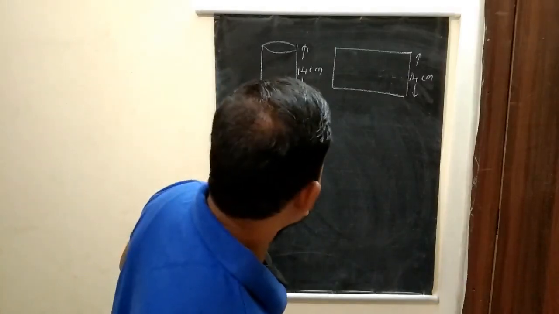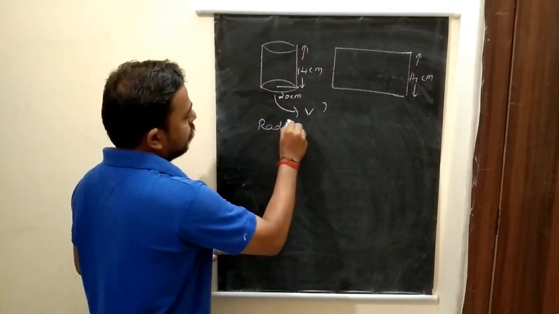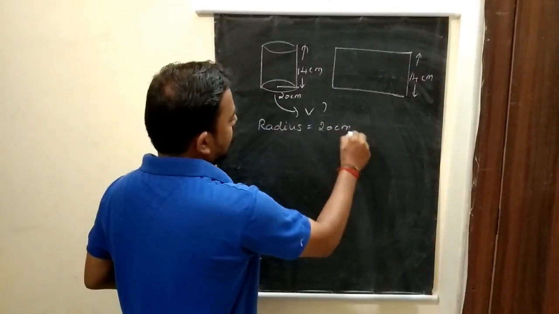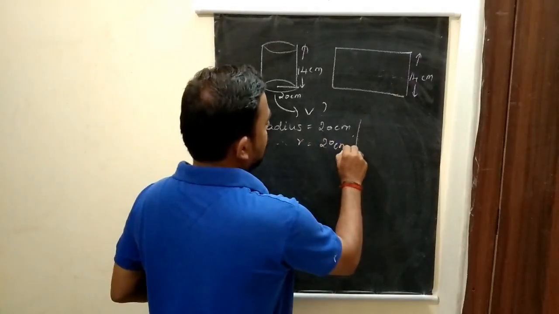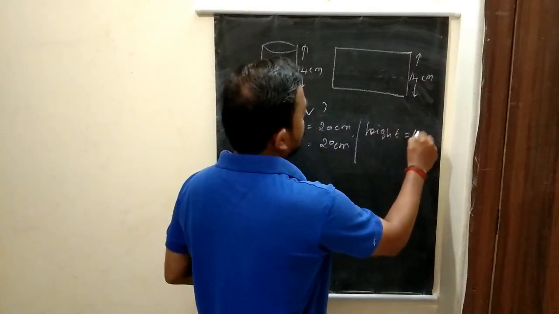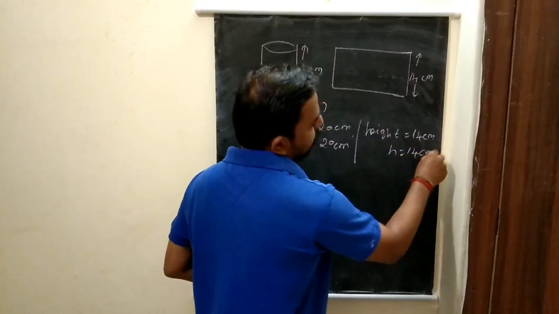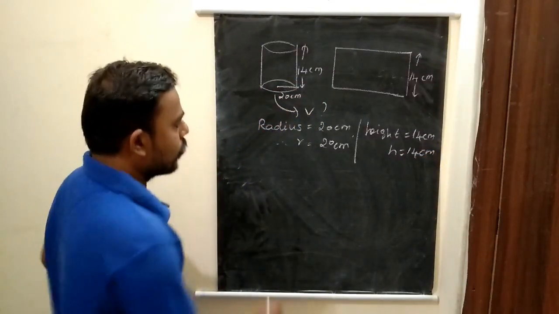For that, radius is equal to 20 centimeter. Therefore R equal to 20. And the height is equal to 14 centimeter. So H is equal to 14 centimeter. Now we need to find the volume. So volume of cylinder.